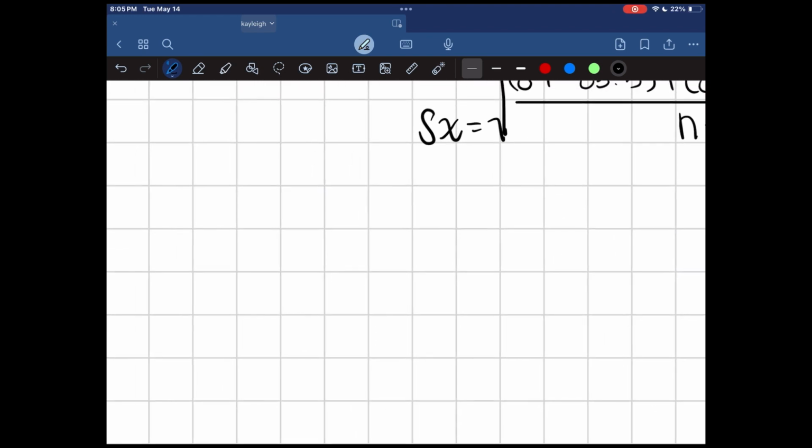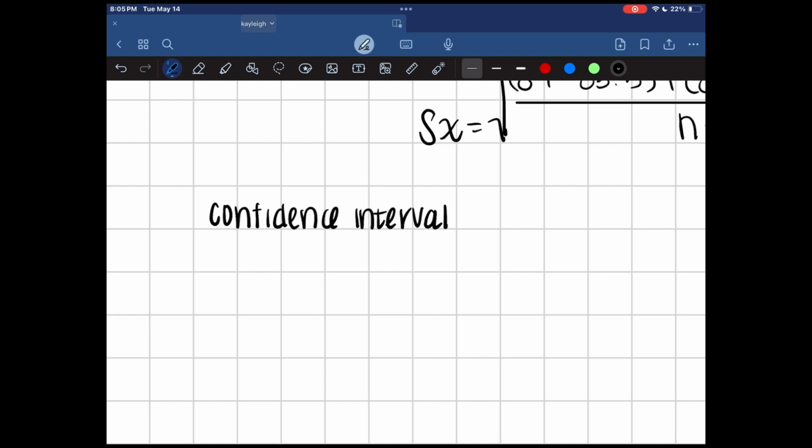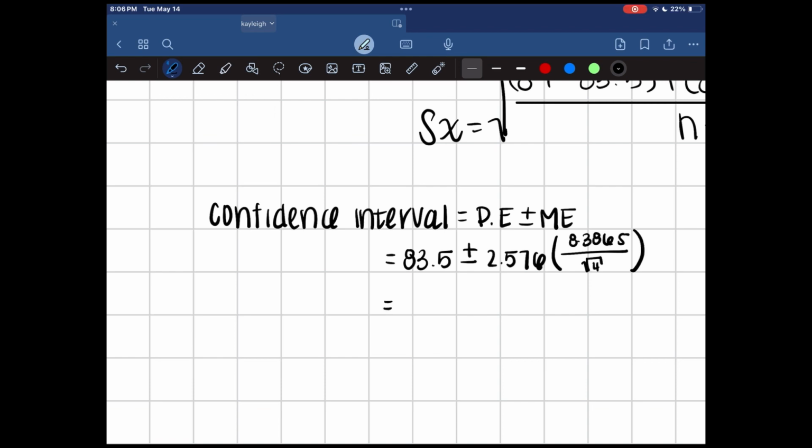Your confidence interval is equal to your point estimate plus or minus your margin of error. That's 83.5 plus or minus 2.576 for the 99% confidence level, times your standard deviation of x divided by the square root of n, which is the square root of 4.